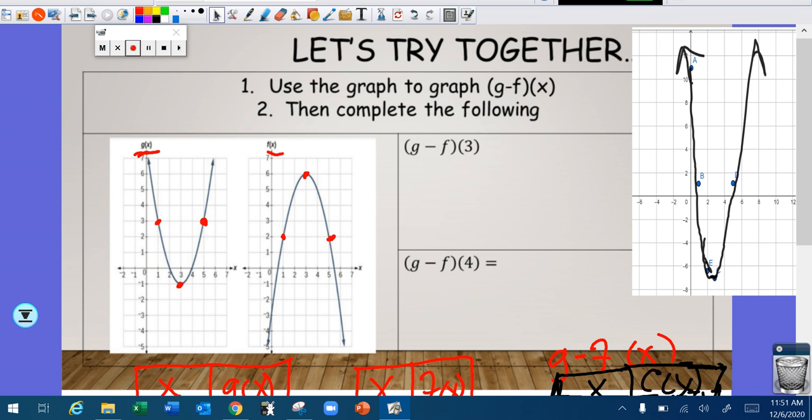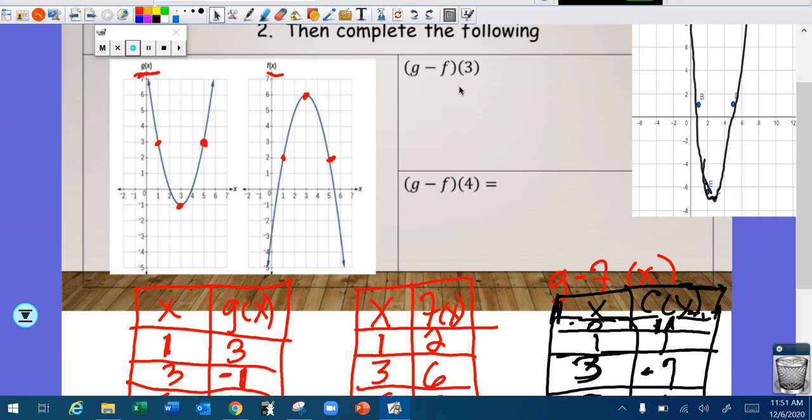And now we're going to use this to help us do what we need to do. So it says from this graph, we need to find where the answer is at 3. So here, x equals 3. What is y from this graph right here?